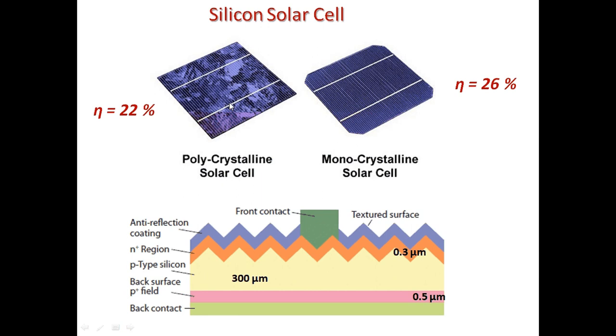This is the top layer. You can see these lines are actually nothing but metal contacts. This is the main metal contact through which the charge generated in this small part is collected in these main lines. While we have polycrystalline, polycrystalline means there are a large number of grains, so you can clearly see the grain structures in this.